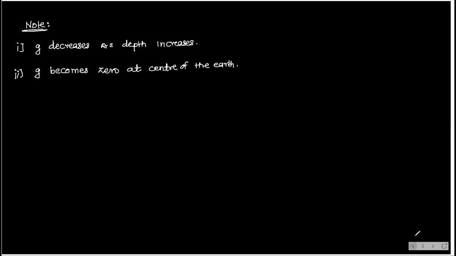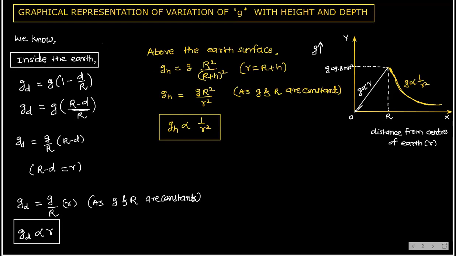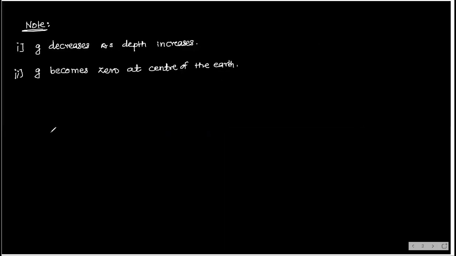If you see in the graph, here this is 0. Means here R minus d is equal to 0, d is equal to R. R minus R is 0. That's why at the center it is 0.